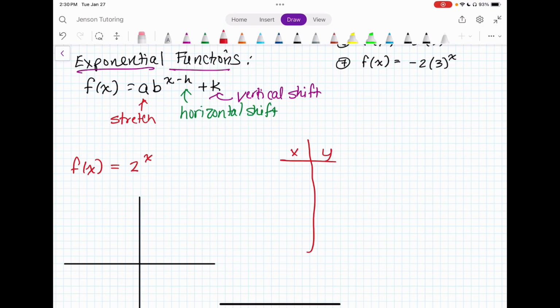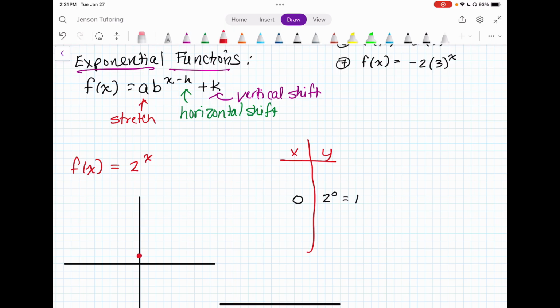So I'm always going to start with, I'm going to give myself a little space here, but I always want to think about when x equals 0, because we just said earlier that when x equals 0, to get my y value, I would just say 2 raised to the 0 power, that's 1. So let's go ahead and plot that. So I have (0, 1).